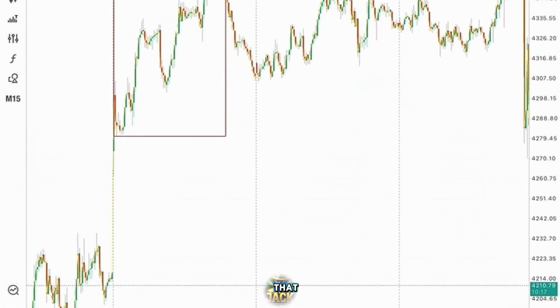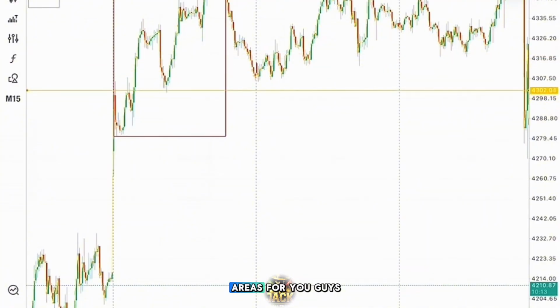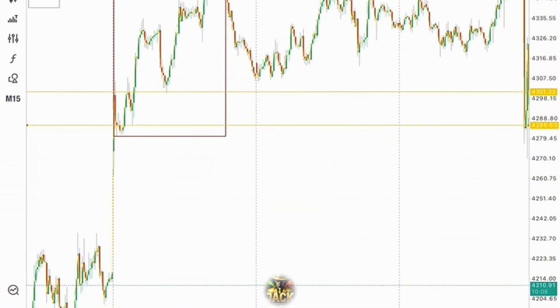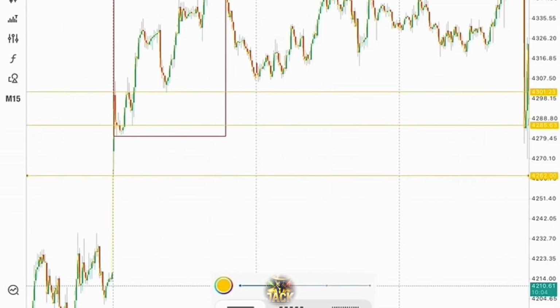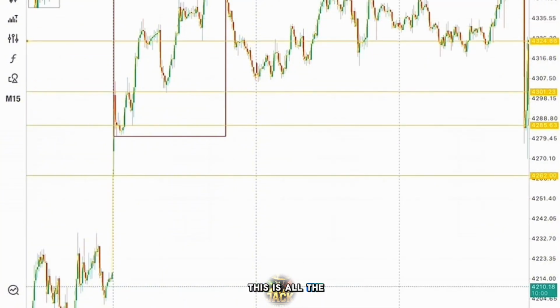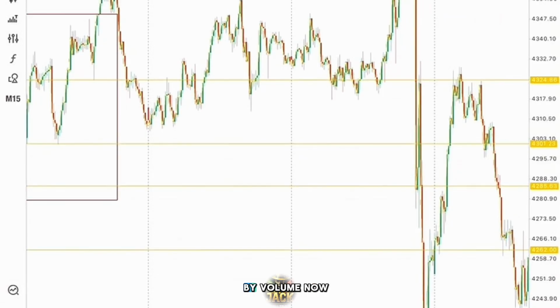See, look at that. Okay? Let's mark these areas for you guys to see. Then this one, okay? These are all the key points of bullish buy volume.